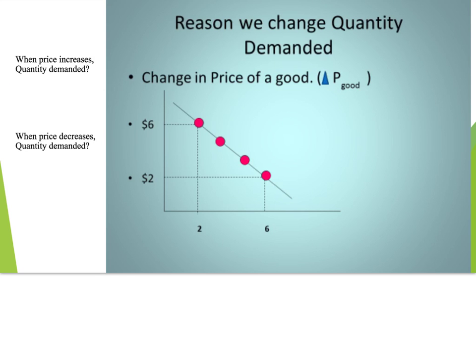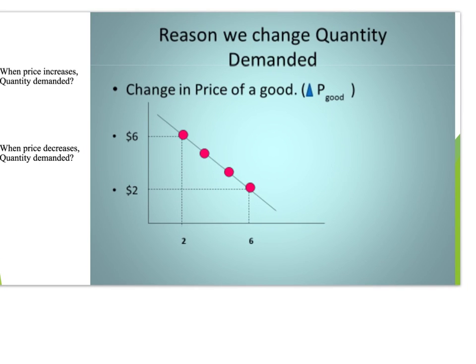Now we get into markets, and we started with demand. So demand is downward sloping because it has an inverse relationship between price and quantity demanded. So price and quantity. So when price rises, the quantity demanded falls. As the price goes up, we're not able to afford as much, so we lower the quantity demanded.